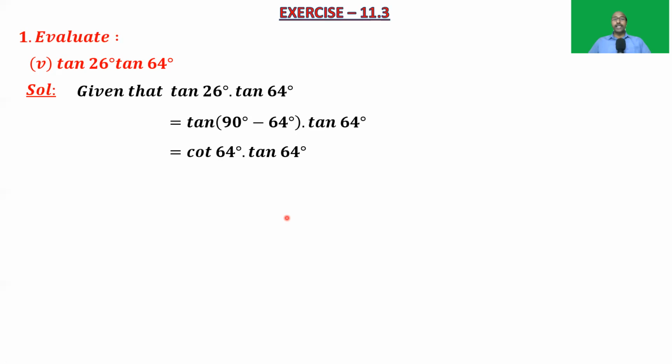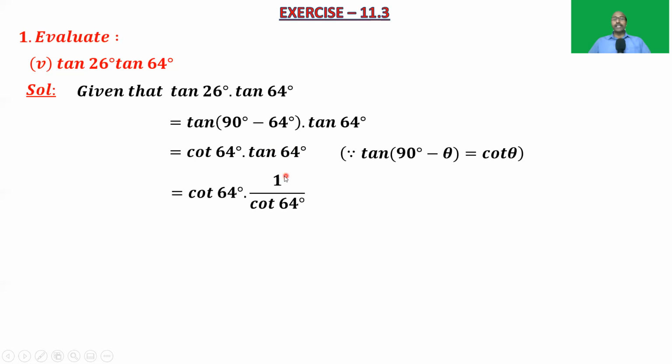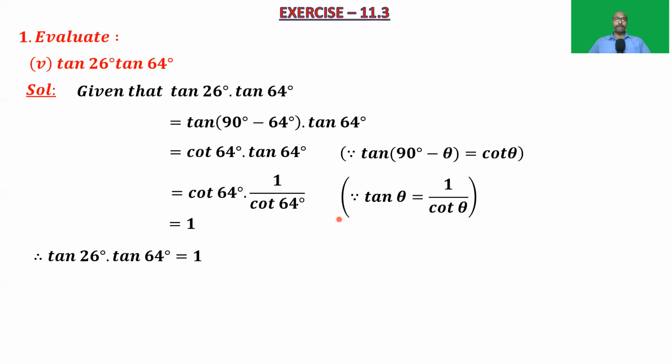Here the reason is tan 90 degrees minus theta is equal to cot theta. And we know that tan and cot are multiplicative inverses of each other. That is cot theta is equal to 1 by tan theta and tan theta is equal to 1 by cot theta. So write tan 64 degrees as 1 by cot 64 degrees. And now by cancelling, we get 1. So the answer is 1.